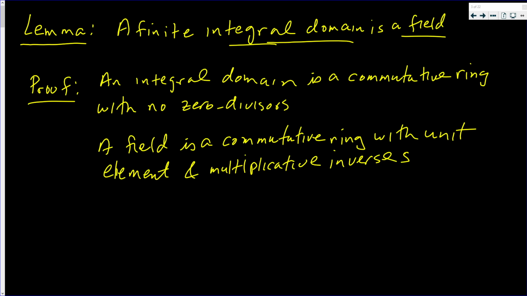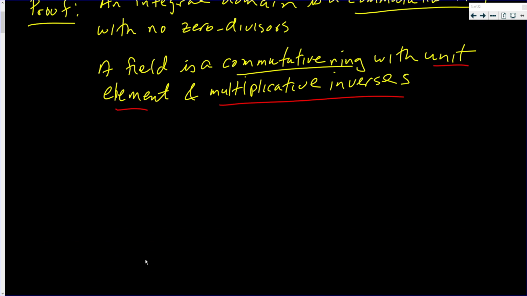Well, they're both commutative rings, but a field has a unit element and inverses. So we need to show that if you're a finite integral domain, there's a unit element and there are multiplicative inverses. So let the proof really begin here.